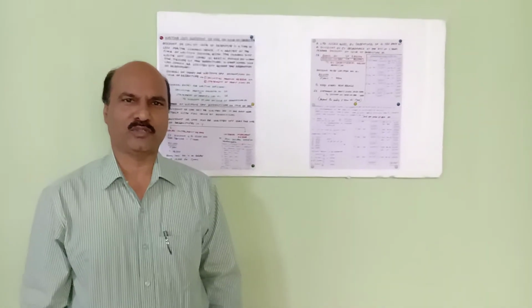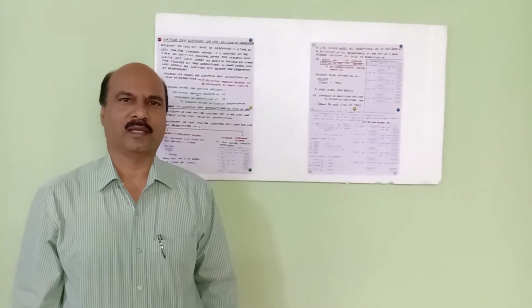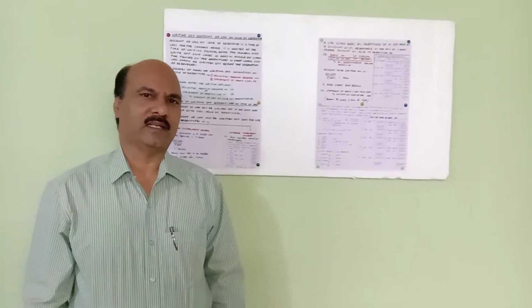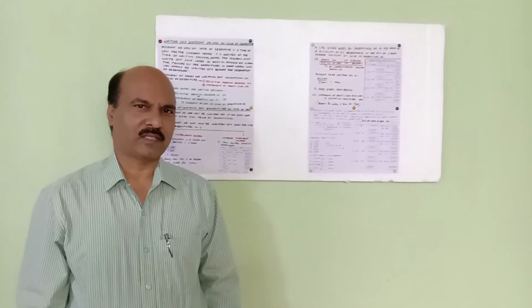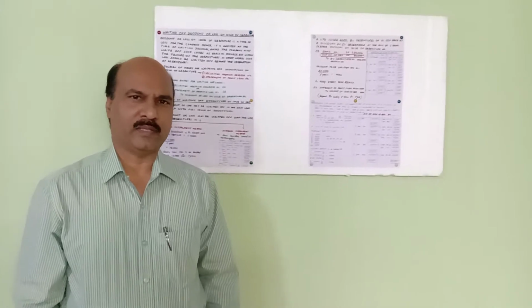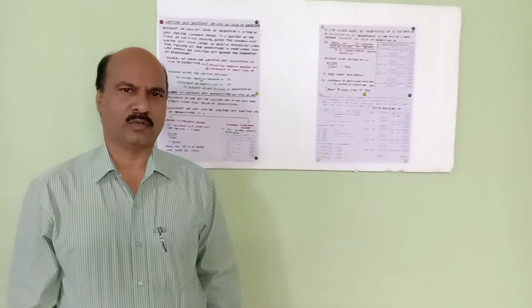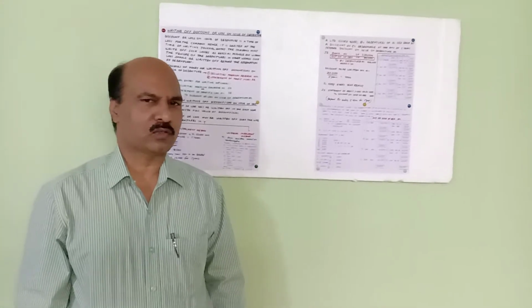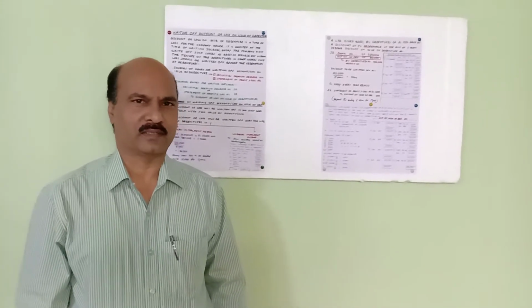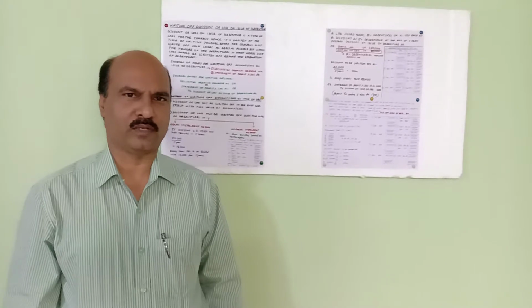I am here to teach you about company accounts, and in that issue of debentures. Our subtopic is debentures issued on discount and loss on redemption of debentures. Now, what is debentures issued on discount?